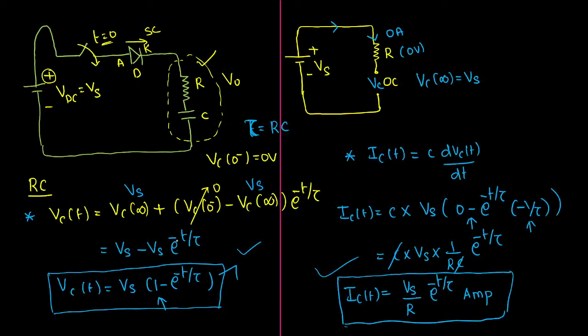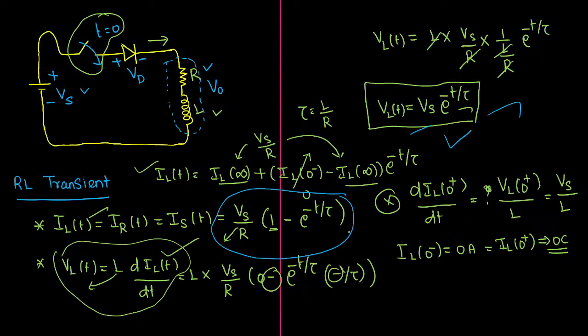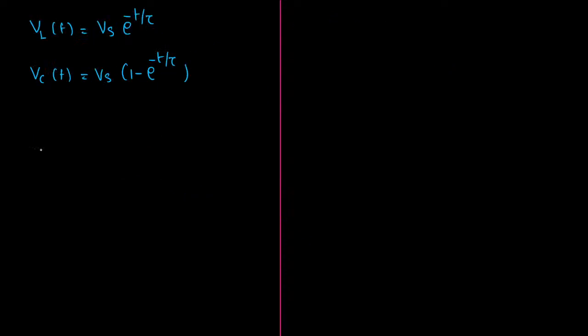This is Vc of t. Similarly, if you observe the RL circuit, IL of t is Vs by R into 1 minus e power minus t upon tau. Let me write the expression for IL of t: Vs by R into 1 minus e power minus t upon tau.